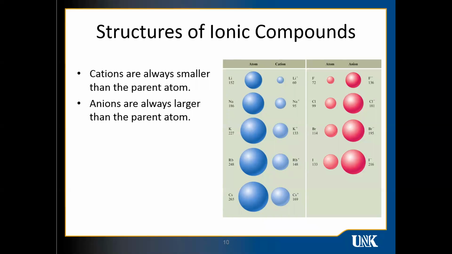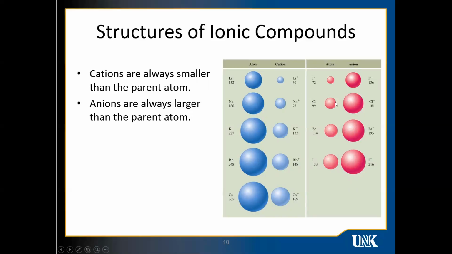So after the electrons are given away, the completely filled outer shell is one lower than the outermost shell was in the regular atom. So you can see here in this diagram, a lithium atom has a radius of 152 picometers. You pull out that one electron to form a +1 ion, and the radius drops to 60 picometers.